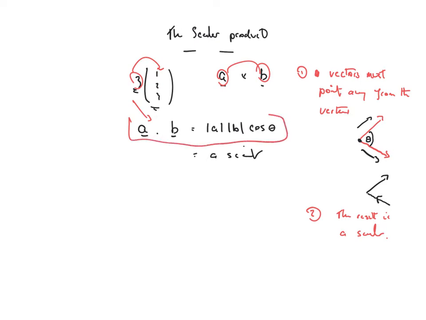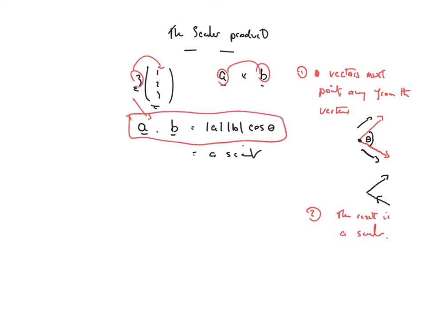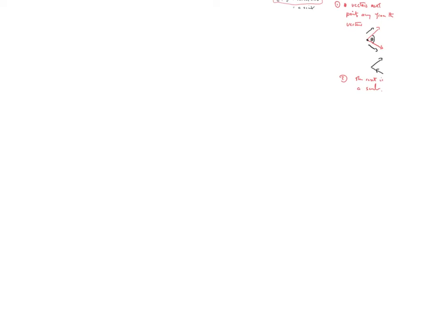So let's get straight in and try some examples then. Let's go for example 1. Find A dot B given magnitude A equals 2, magnitude B equals 1, and theta equals pi over 6.